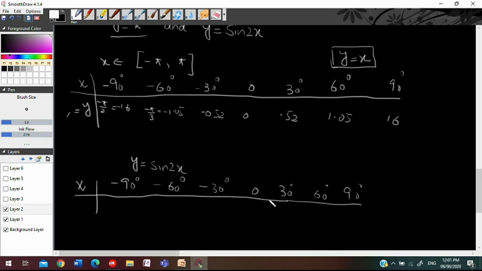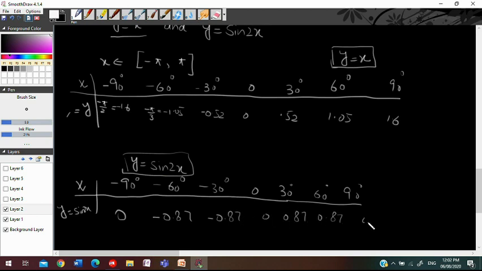The same values for x, but here we have a different function, y is equal to sine 2x. When you calculate it, you get minus 0.87, 0.87, 0, 0.87, minus 0.87 and 0.